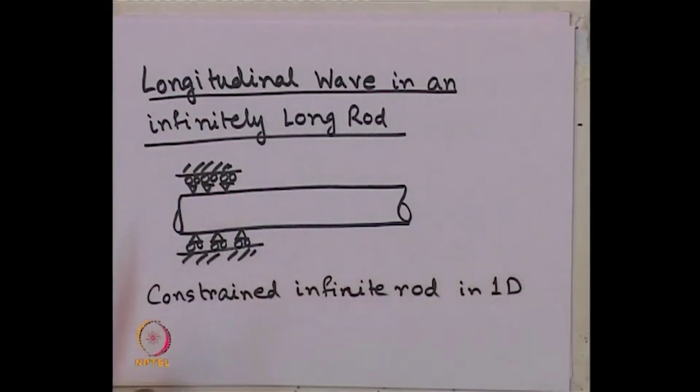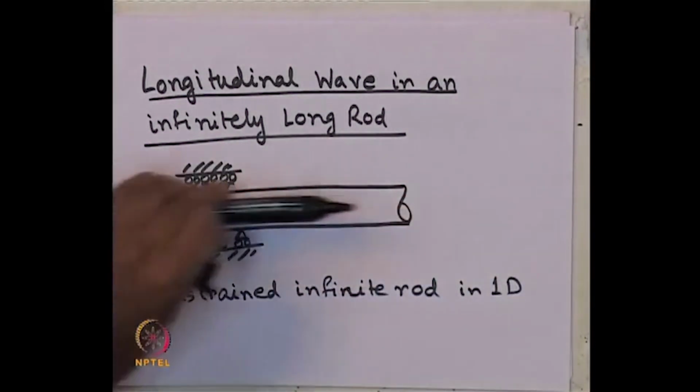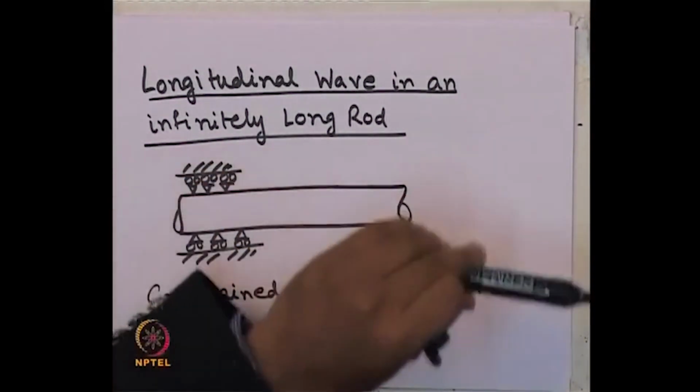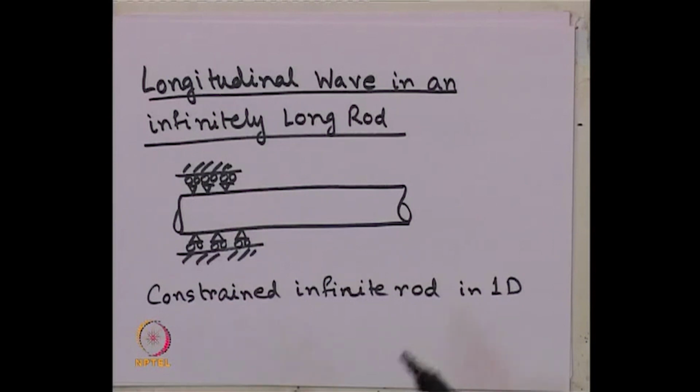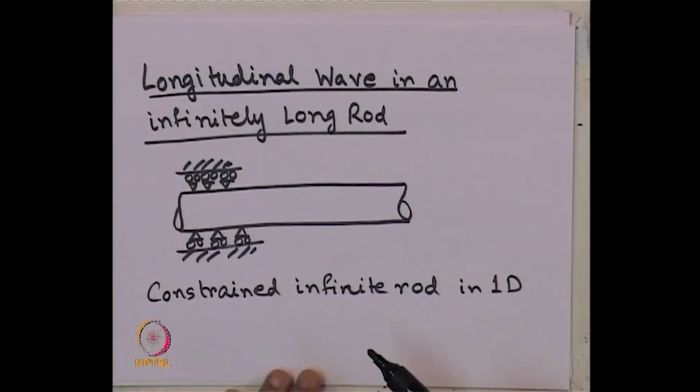So, that means we are only talking about the wave traveling in this direction. Okay. So, that is why we are taking one dimensional longitudinal wave for this constrained infinitely long rod.